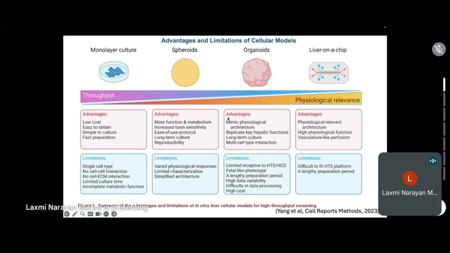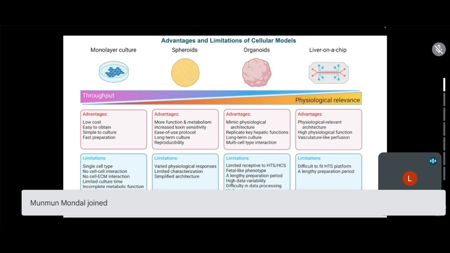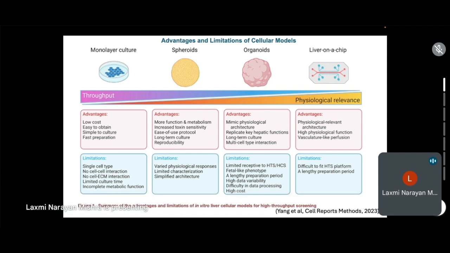However, the disadvantage of this system is there is a lot of variability in preparation. Every lab has a different approach to prepare these spheroids and organoids, and they take a long time to generate, especially organoids. Spheroids are easy, organoids are a little bit expensive, time consuming, and laborious.